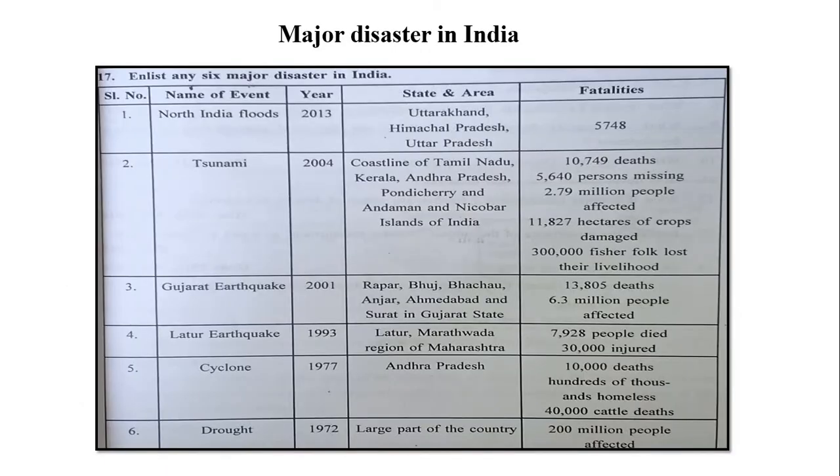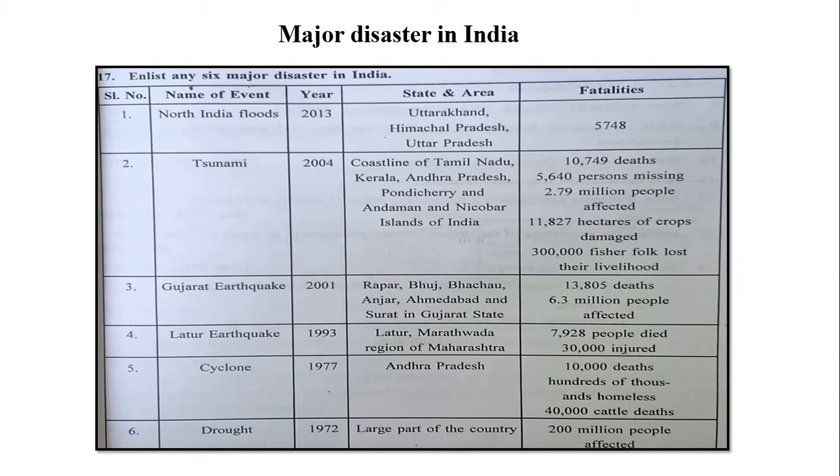Next, in India there are major disasters in different years. First is the North India floods in 2013. States: Uttarakhand, Himachal Pradesh, Uttar Pradesh. Fatalities were 5,748. Tsunami in 2004.